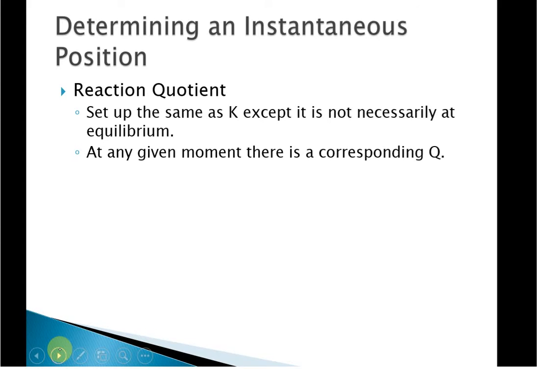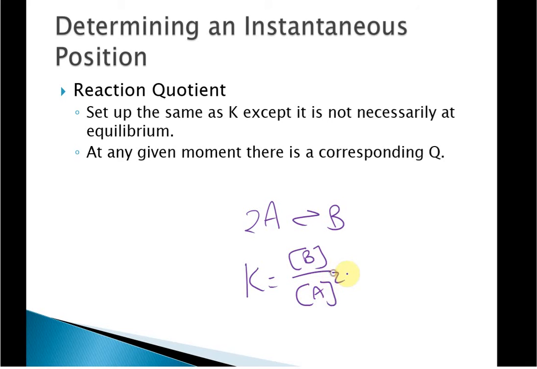And so one of the ways that you can know is by looking at the reaction quotient, which is the same ratio. It's still going to be products over reactants, each raised to their exponent. So this would be K is equal to concentration of B over concentration of A squared.